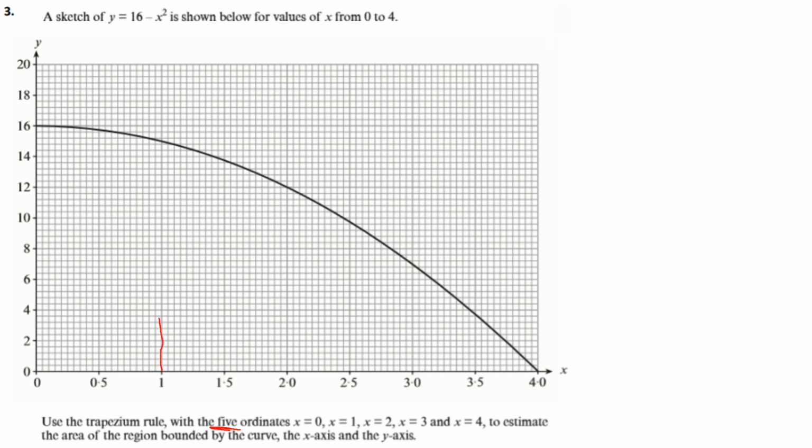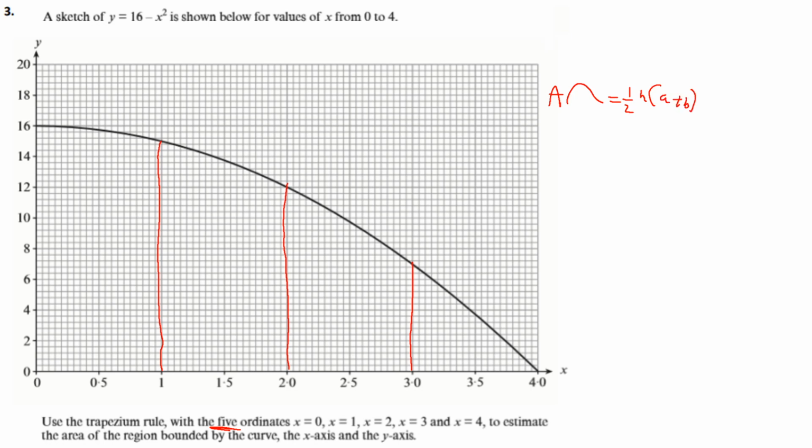So let's see, we've got a trapezium here, here, here, and here. Okay, so to do this as quickly as possible, the area underneath the curve is going to be, using a trapezium, a half height times a plus b.